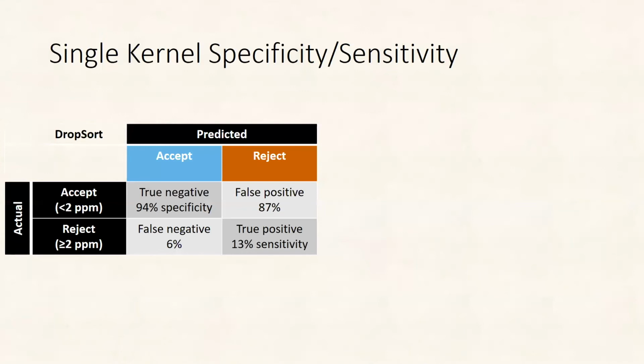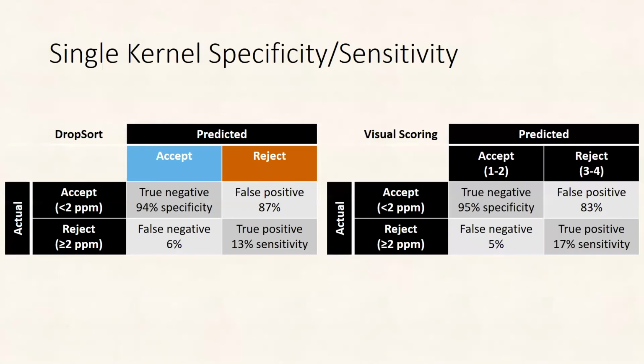That means when we're sorting, we're misidentifying a lot of non-toxigenic kernels and having a lot of false positives. I wanted to compare this to how just your eyeballs would do. And so based on that visual scoring, classifying 1 to 2 visual score as accept and 3 to 4 visual score as reject, we had similar effectiveness comparing our machine to my eyes.